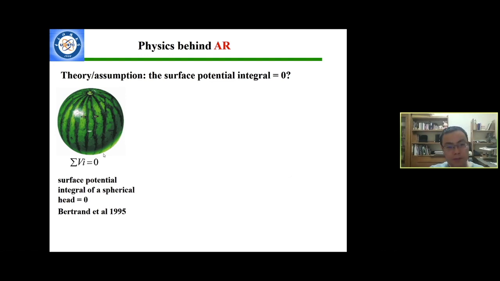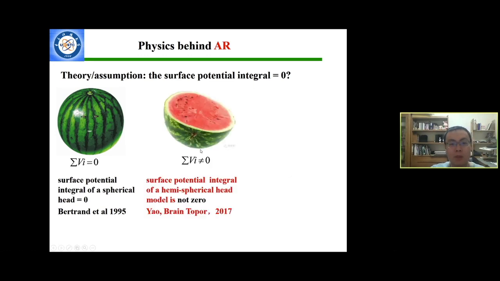From this model, we can see that the surface potential integral of a spherical head is 0. But the surface potential integral of a hemispherical head model is not 0. And this was proposed in Yao's paper in 2016.